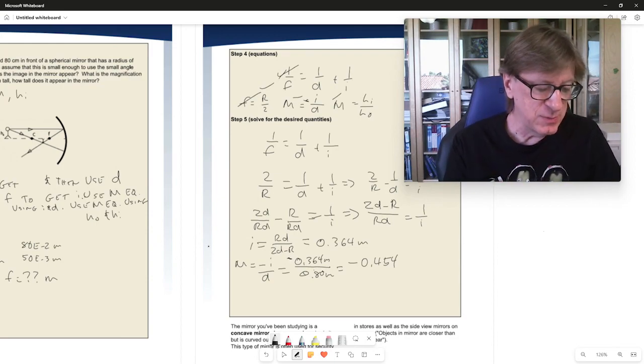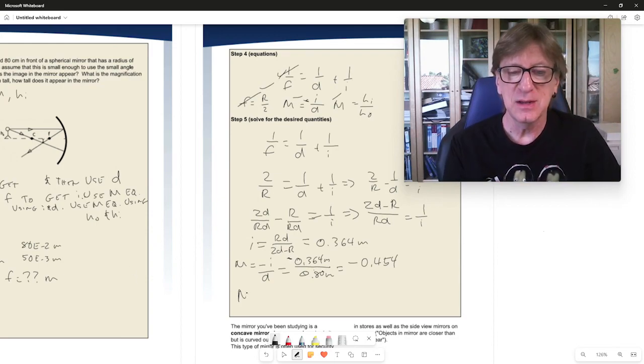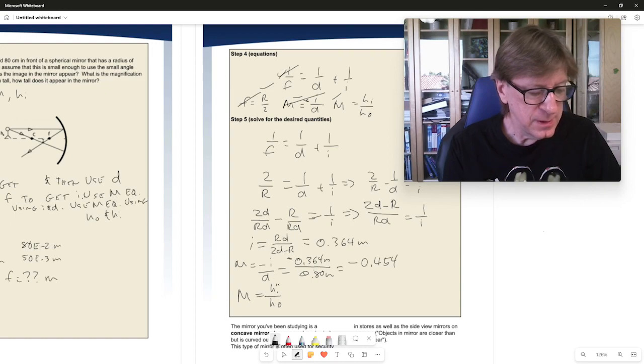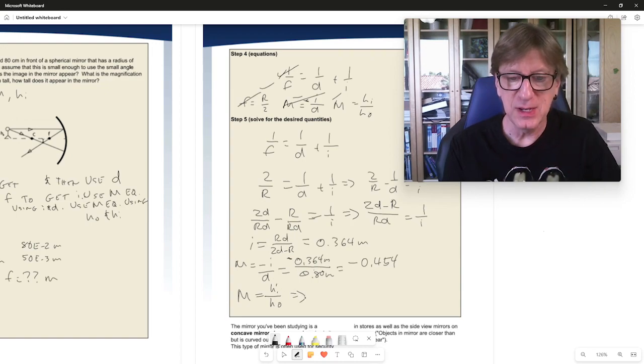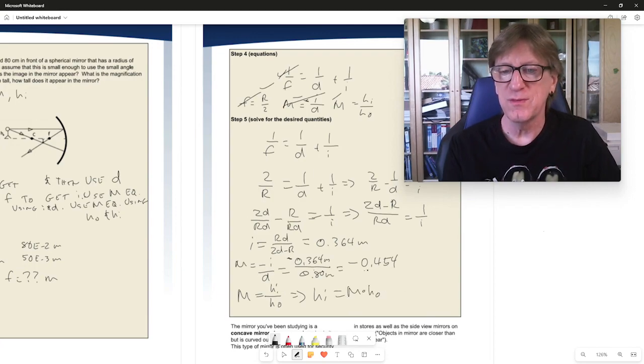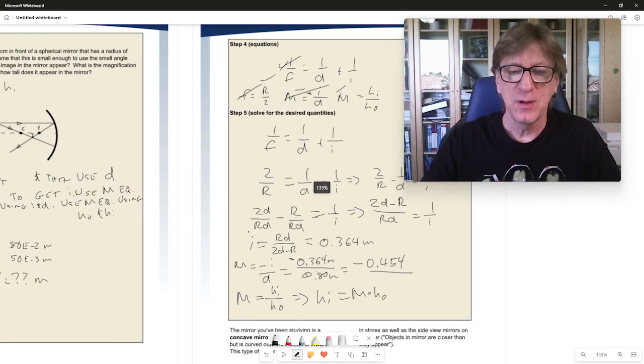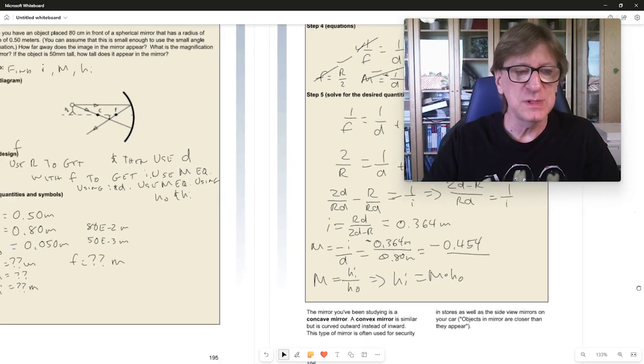All right, then the last thing we need is the image height. Well, we've used this one now. So our last one is going to be HI over HO, and we're going to solve that for HI. That very simply gives us M times HO. Well, we found our magnification, and we know that our object height was given over here.